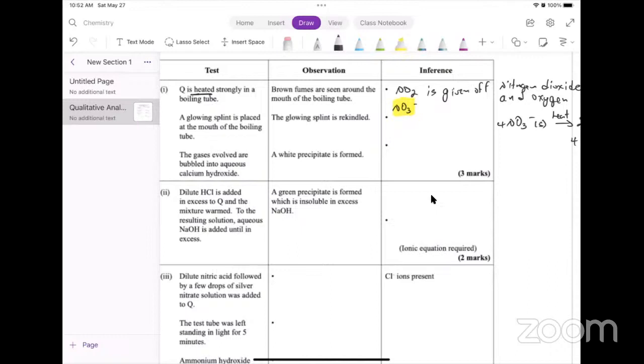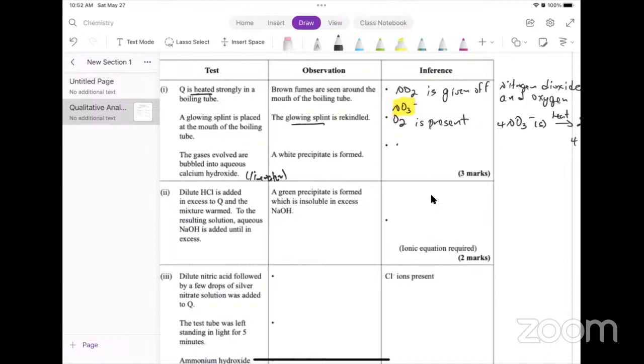Next part says that the glowing splint is rekindled. Therefore, the only thing that tests for a glowing splint has to be oxygen. So oxygen is present. And the gases involved are bubbled into aqueous calcium hydroxide, that being lime water. So let's not forget that's lime water. And a white precipitate is formed, meaning that here we have carbon dioxide.